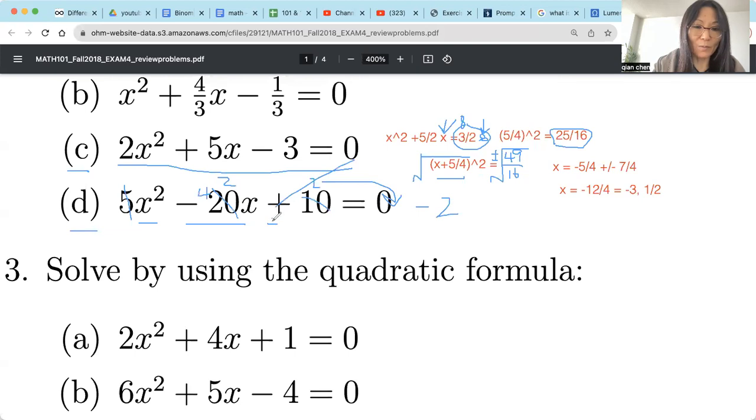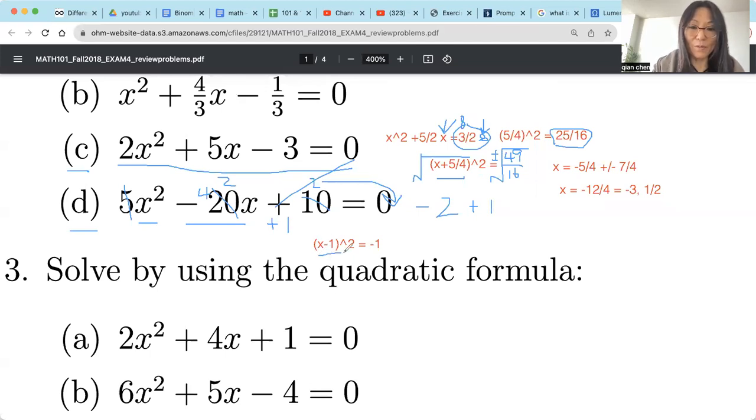So we want to plus 1 on both sides, because -2 divided by 2 is -1, and -1 squared is 1. Then what do we get? We get x minus 1 squared equals -1. Right? This one, we won't have real solutions.